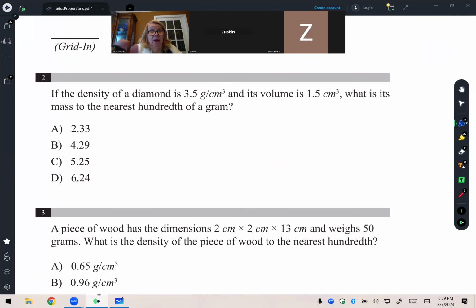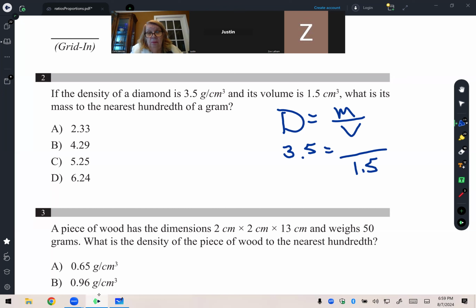I'm just flipping it up on you, so we're going to use the same formula. And they don't put that on the formula page. You just have to know it. So a diamond is pretty hard. Its density is 3.5 and its volume is 1.5. We have to see what the mass is.